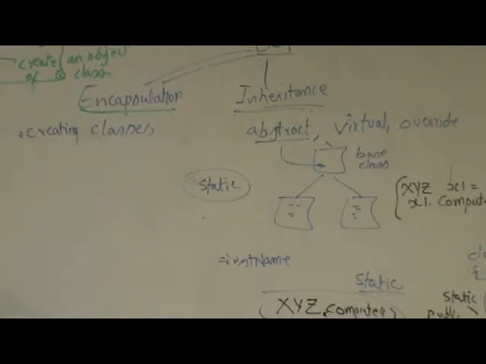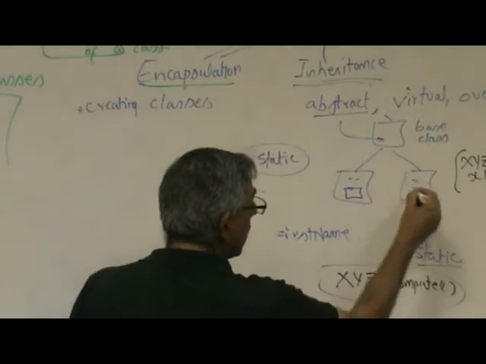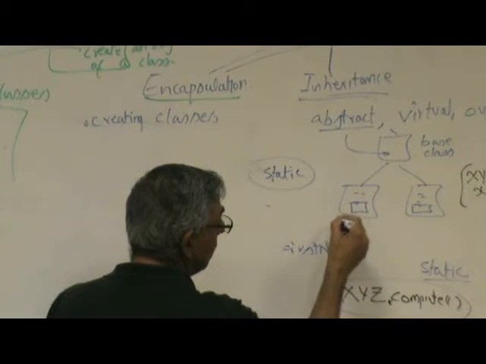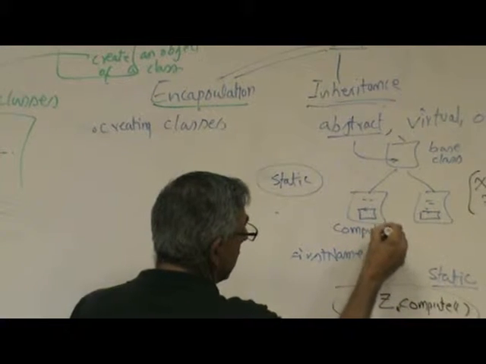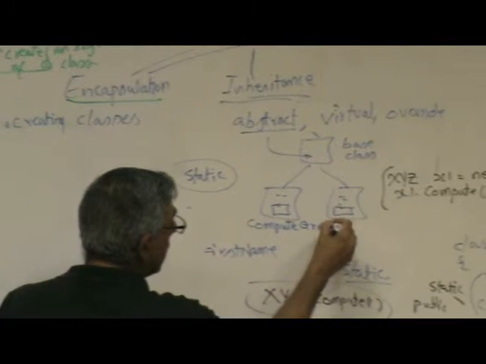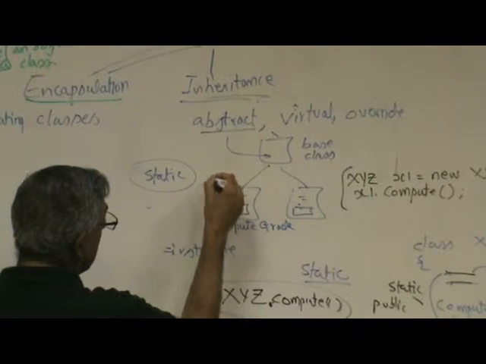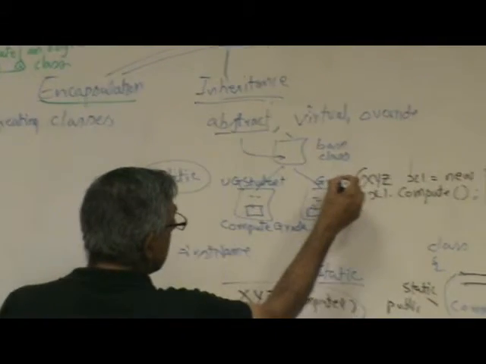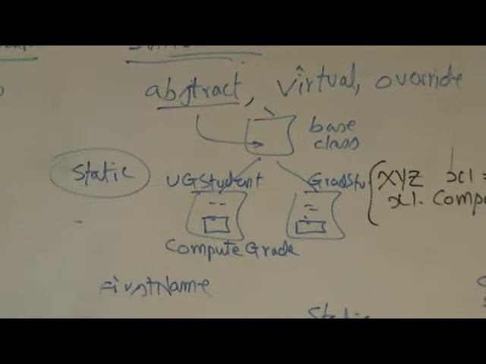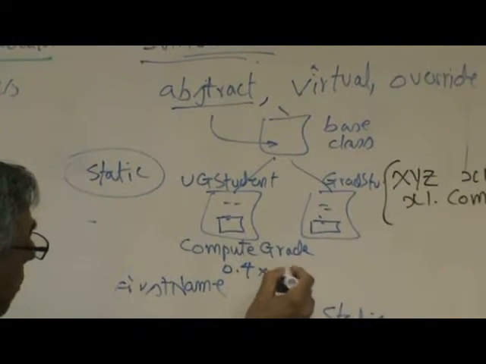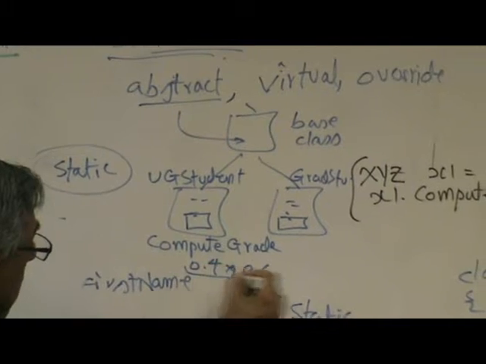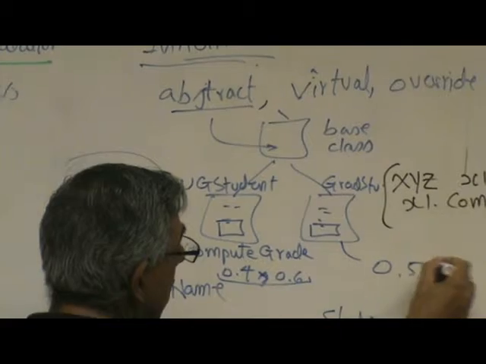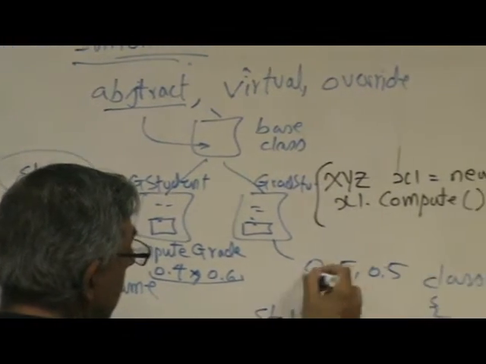Suppose there was a function over here and a function over here. For example, if you remember when we were writing compute grade, let's pretend this is an undergraduate student and this is a grad student. Over here, the compute grade formula was 0.4 and 0.6 as the weights for test 1 and test 2. Over here it was 0.5 and 0.5 for the grad student.